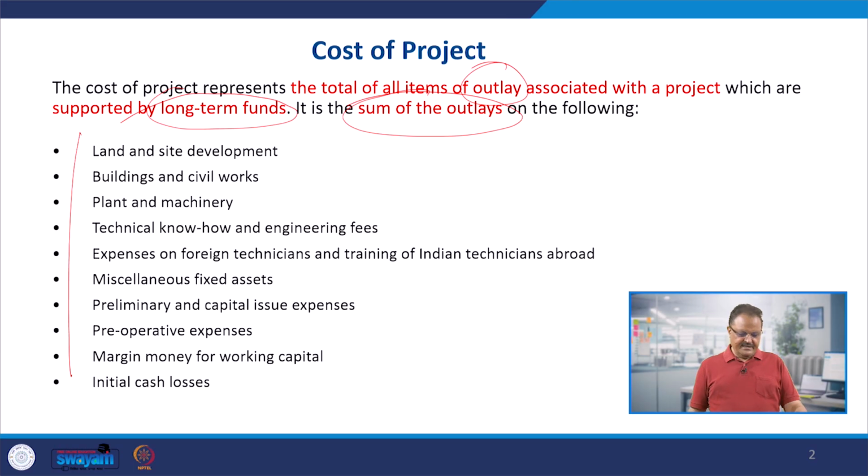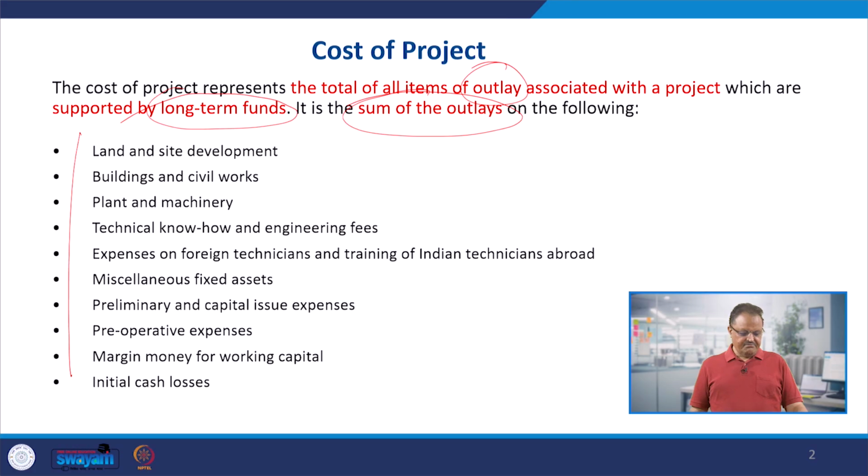For building those assets, right from the land till plant, machinery, technology, human resources, training of the human resources, everything, we will have to have the funds from different sources, and maybe all the requirements will be met from the long term funds. So long term funds is one important thing, which is the total outlay of the project which we are going to incur for building up that project, and this sum total is called the cost of the project.